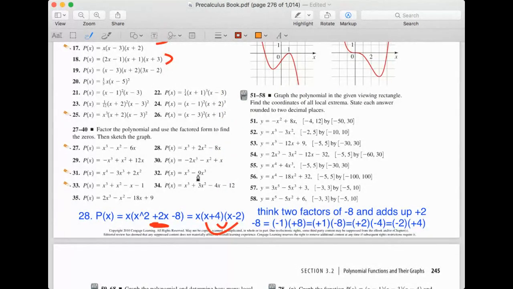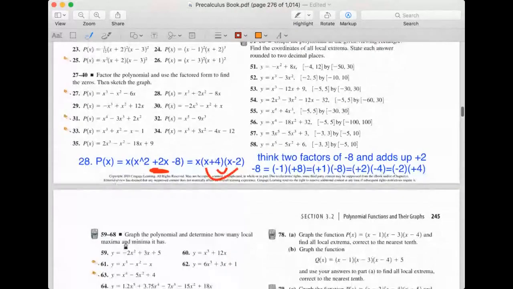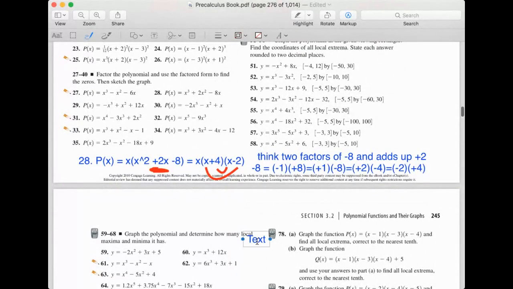So number 30, let me see. So P of x. First I see everybody has an x term, right? And I don't like the leading term to be negative. So let me factor out negative x. Then the first term becomes 2x squared, since negative x times 2x squared is negative 2x cubed.